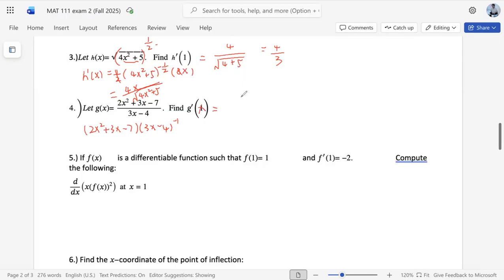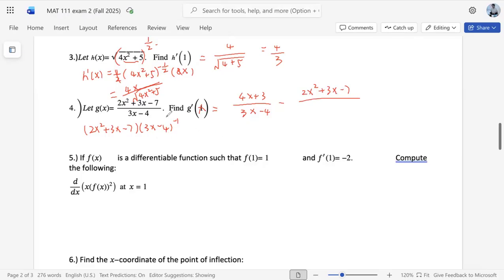We take the derivative of the top, which is 4x plus 3, right? Multiply by the bottom, which is still 3x minus 4 in the denominator. Then we take the derivative of the second, multiply by the first.